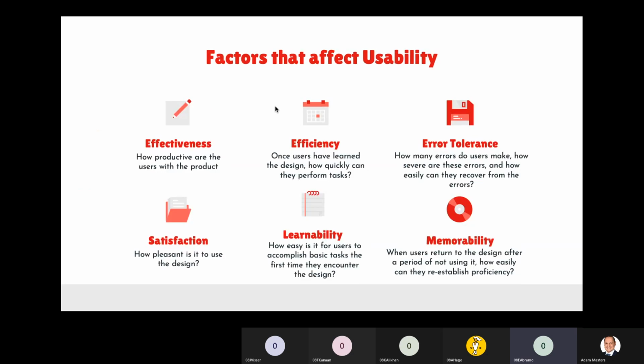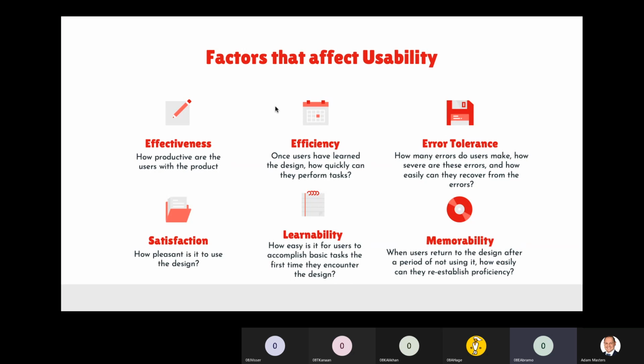So factors that affect usability: effectiveness, which is how productive are the users of the product. Efficiency is, once users have learned the design, how quickly can they perform tasks. Error tolerance is how many errors do users make, how severe are these errors, and how easily can they recover from these errors. So a loss of data would be a pretty severe error, whereas misplacing a file would be pretty low.